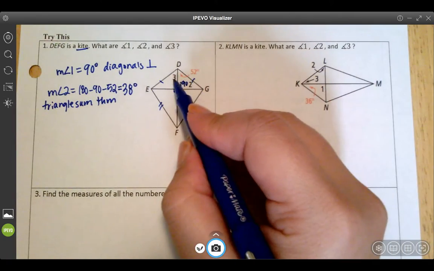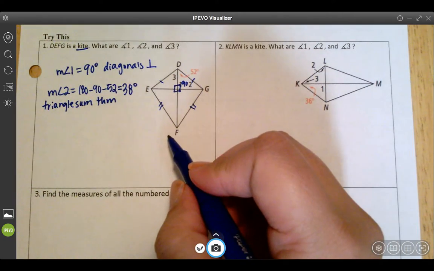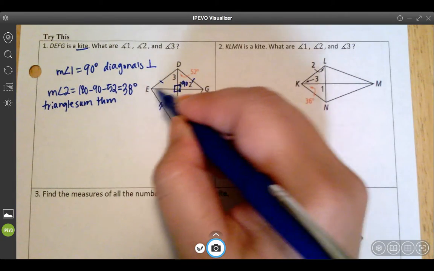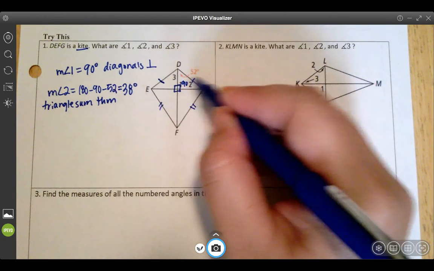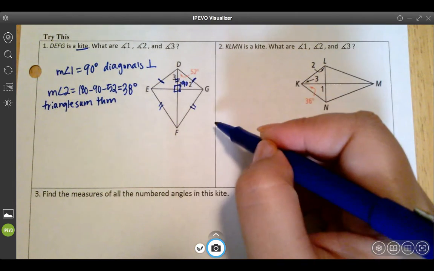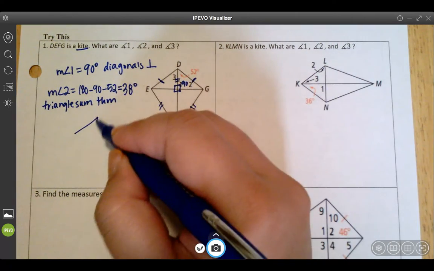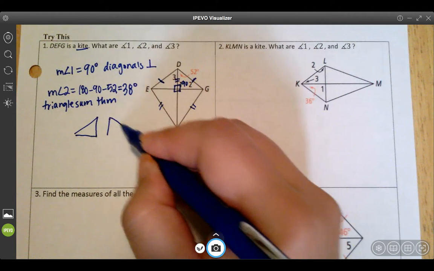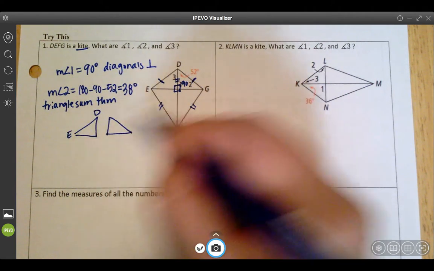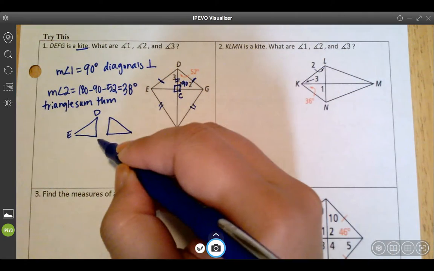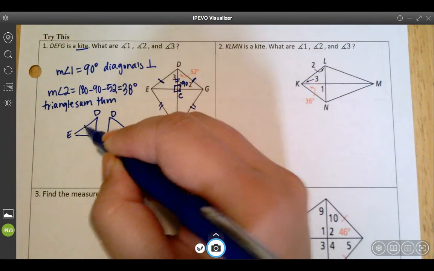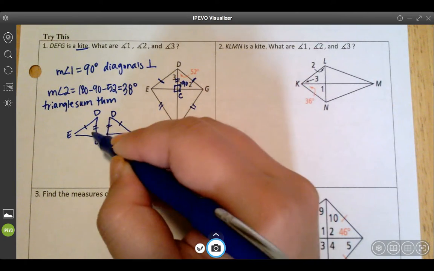And then the trouble comes to angle 3. What we actually can use to find angle 3 is that if we're looking at this kite, we know that these two side lengths are congruent. We know that there's a reflexive side here. And so we have these two triangles, E, D, C, and D, C, G, congruent sides, right angle.